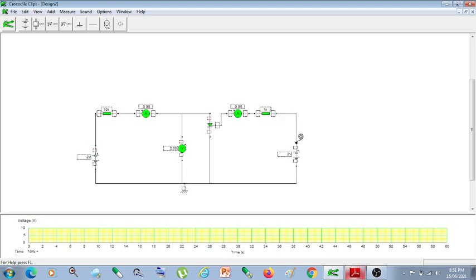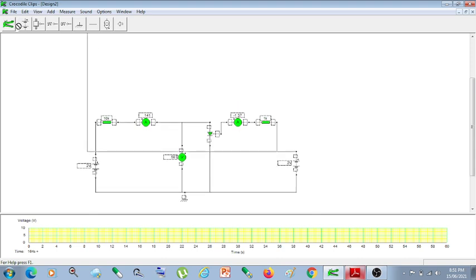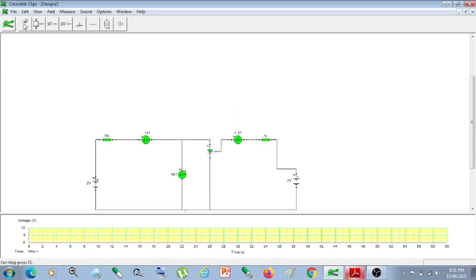So after completing the circuit, I had to connect it properly.